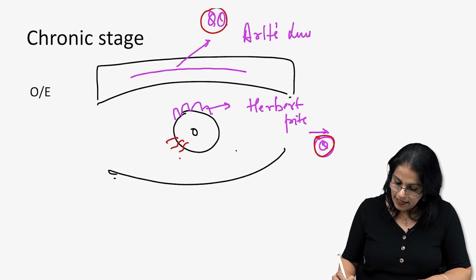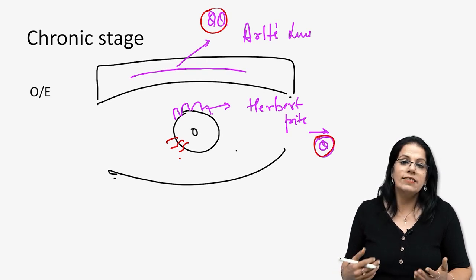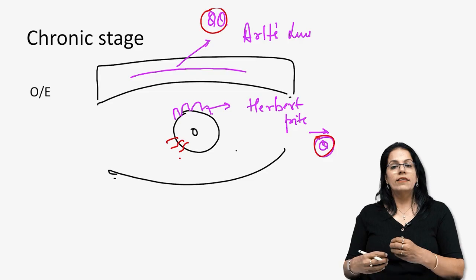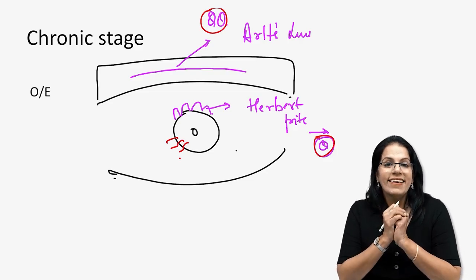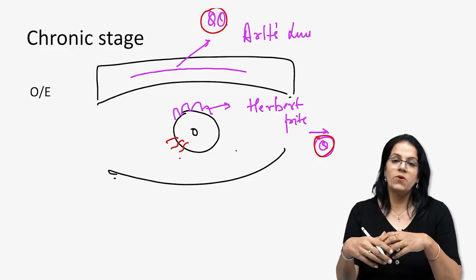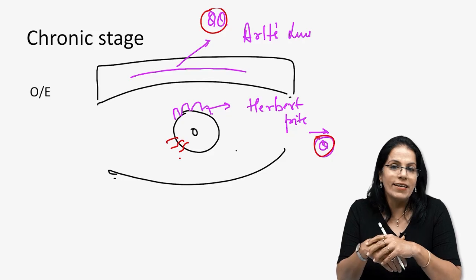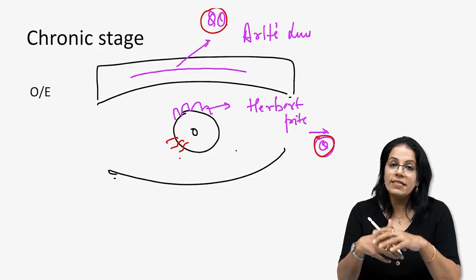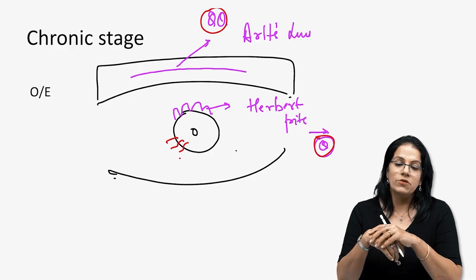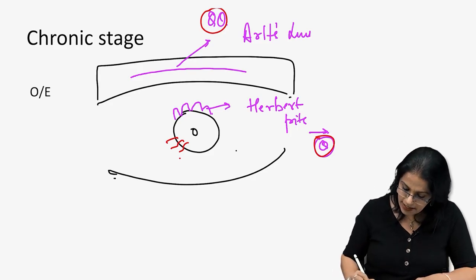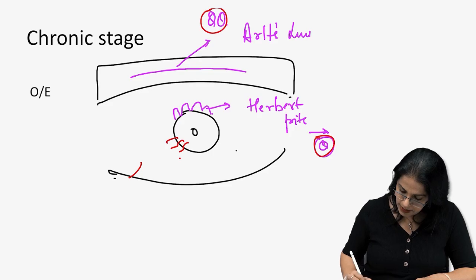And then what else? When there is scarring, it is not only Arlt's line. Scarring is also going to cause misdirection of eyelashes. Arlt's line is in the palpebral conjunctiva. When there is misdirection of eyelashes, that is called trichiasis.